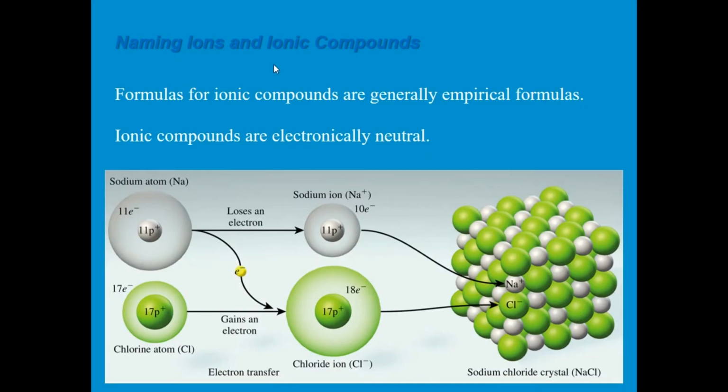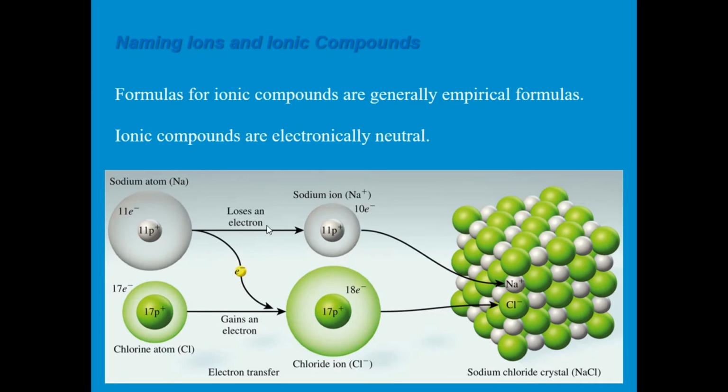So the formulas are normally empirical formulas. An empirical formula is like the lowest common denominator. You have H2O, but you're not going to have H4O2. You go to the lowest common denominator, H2O, the simplest form. And ionic compounds are electrically neutral because the sodium atom combines with the chloride atom.